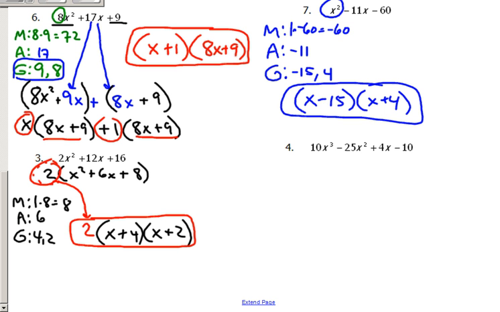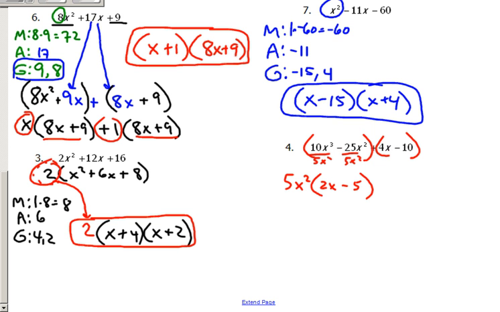And finally here, we're just going to do a little practice. I count 4 terms here. 10x to the third, negative 25x squared, 4x, and negative 10. Whenever you have 4, it's automatic, factor by grouping. Okay. The GCF I'm going to take out of the front is 5x squared. Gives me 2x minus 5.